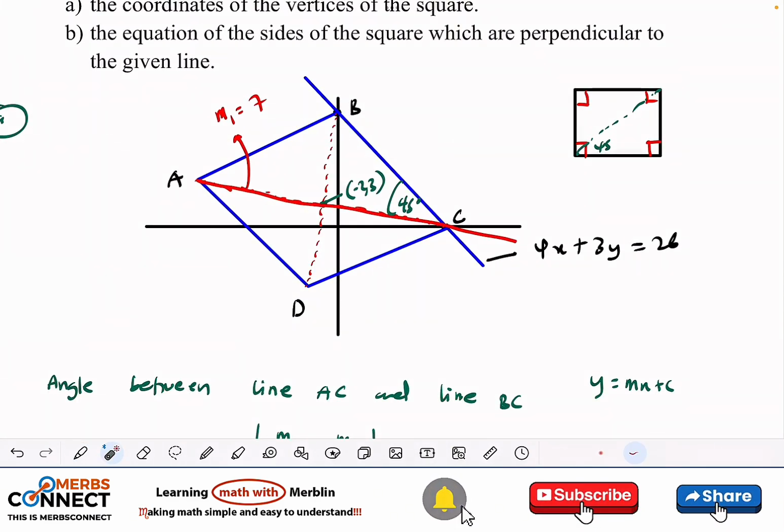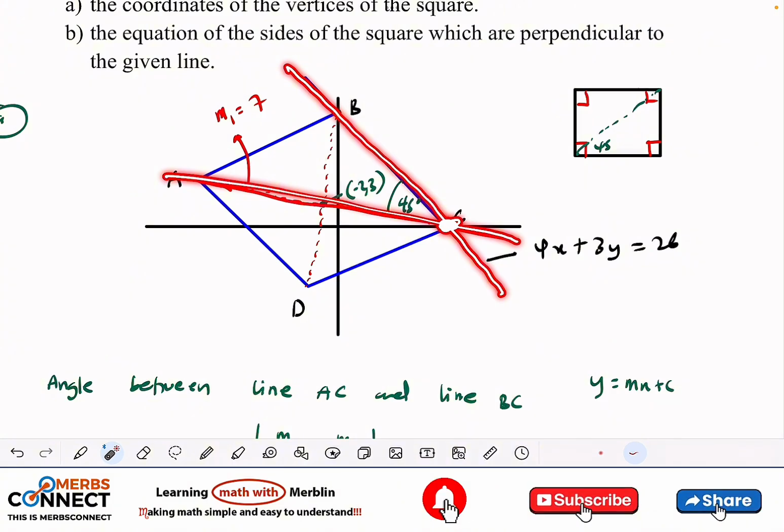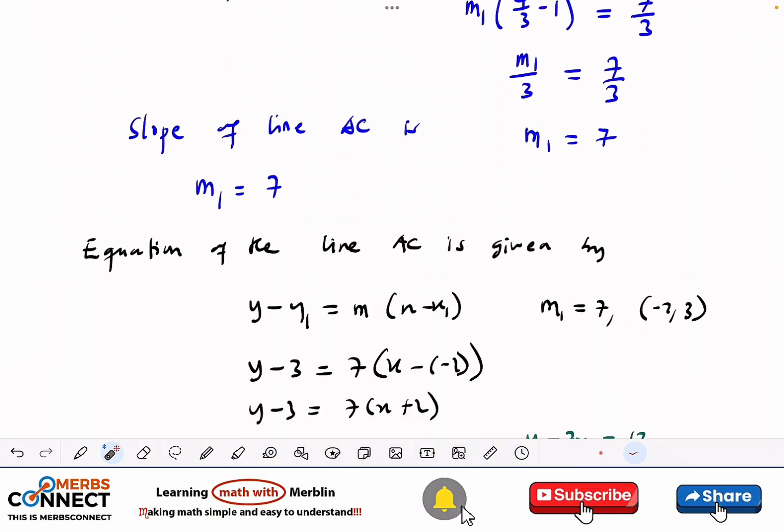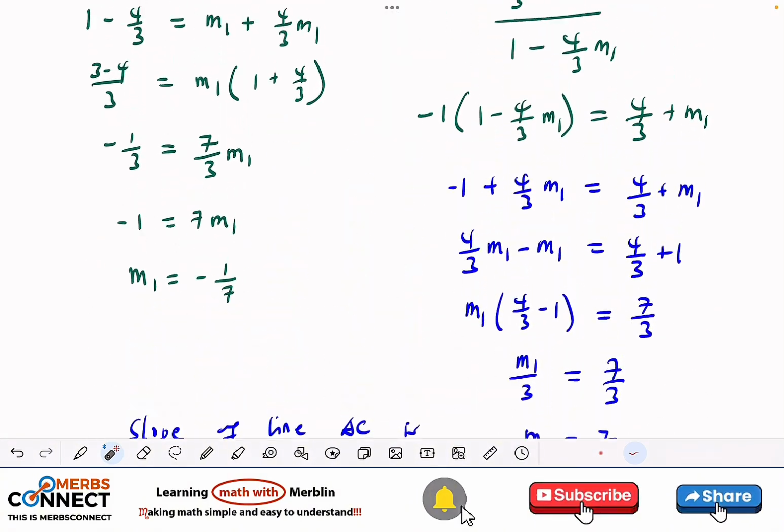So now that we know the equation of line AC and the equation of line BC, we can solve them simultaneously to find the point C. So we are now coming to what the question is looking for, as we want to find a vector. So let's solve this and this simultaneously to find the coordinate of C. So this is the equation of the line for BC, and then the one that we just found was the equation of the line for AC. So let's do that on the next page, right?